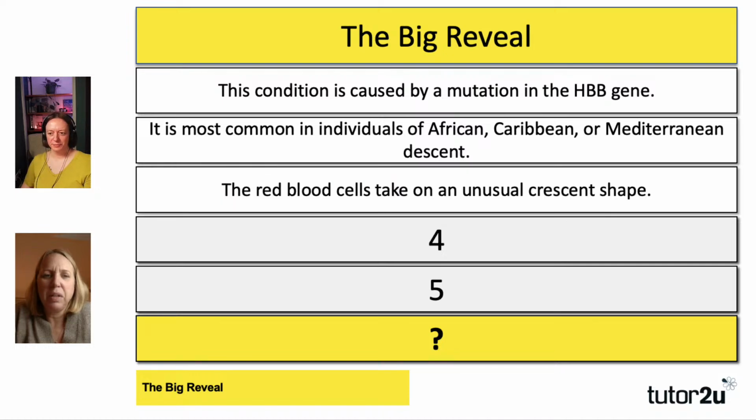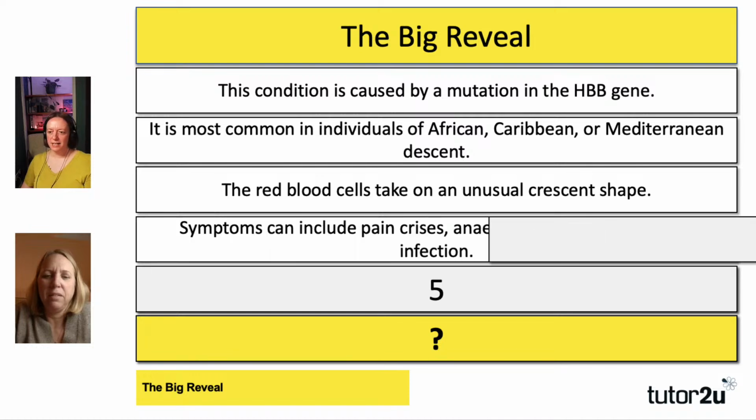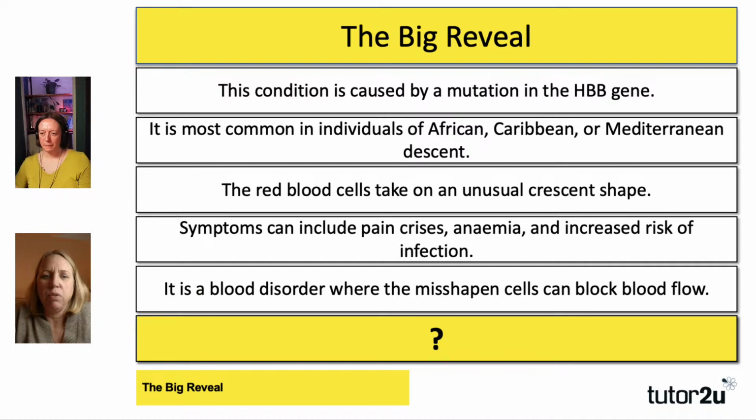Yeah, everyone's doing very well on their conditions. The red blood cells take on unusual crescent shapes. Okay, they look a bit more like a banana. Asosa is saying sickle cell. Alicia saying sickle cell anemia. Let's go for the next one. Symptoms can include pain crisis, anemia, and risk of infection. Definitely think we're on the right track, aren't we?